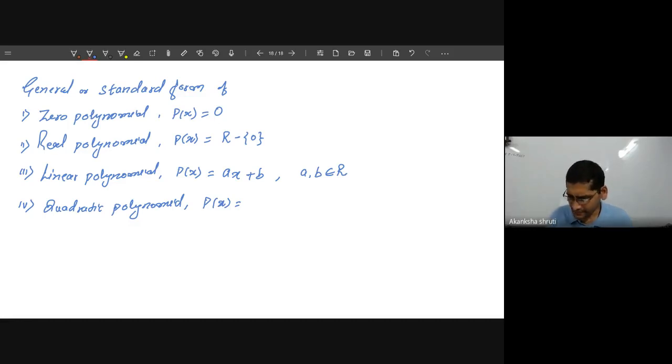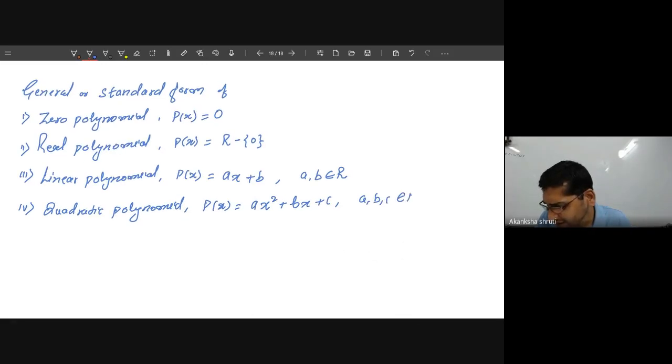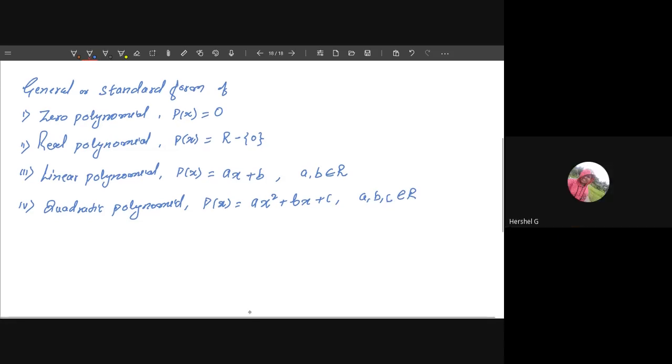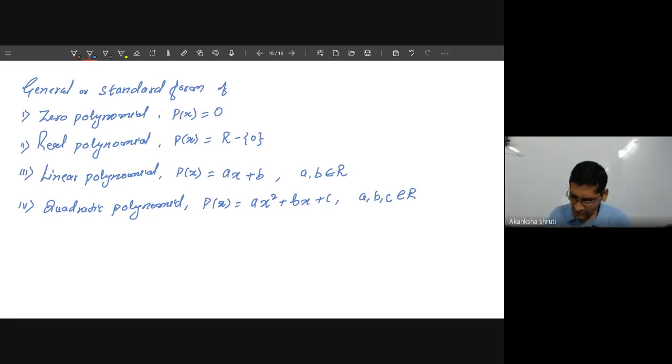In general form, it is ax square plus bx plus c, where a, b, c belong to the real numbers. Students, here a can never be 0, but b and c can be 0.